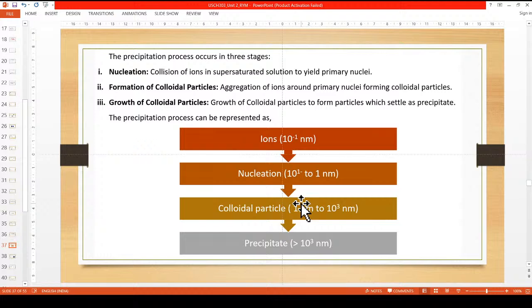When it grows 2-3 layers of nuclei, that particle size is 1 to 10 raised to 3 nanometers. Above that, if particle size exceeds, you will get a precipitate. The turbid precipitate, or crystalline precipitate, is more than 10 raised to 3 nanometers in size.